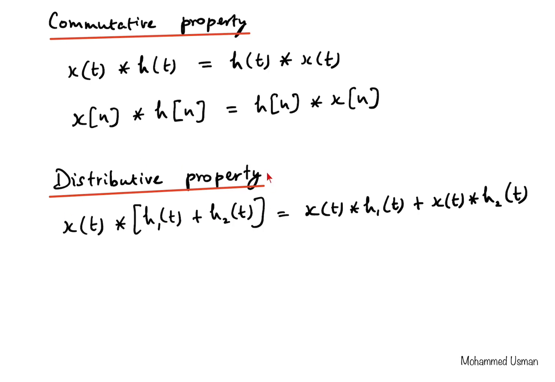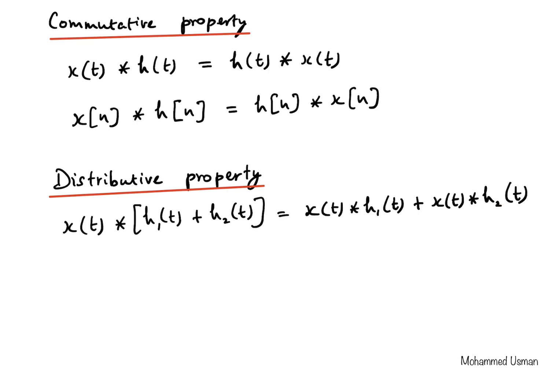Similarly, the distributive property of convolution says that x of t convolved with h1 of t plus h2 of t is the same as x of t convolved with h1 of t plus x of t convolved with h2 of t.